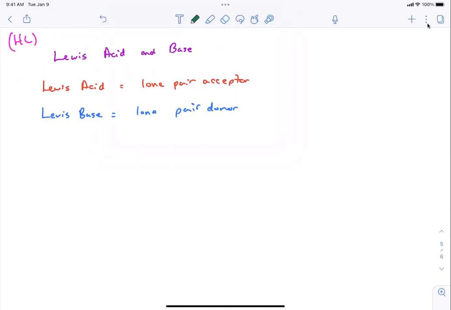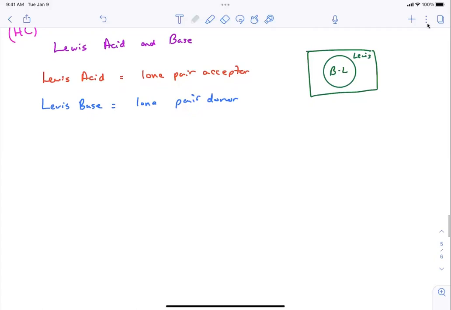And so, sorry for the math, like a diagram. But Lewis incorporates all Bronsted-Lowry, okay? And so I can demonstrate using a Bronsted-Lowry acid and base how this is defined.